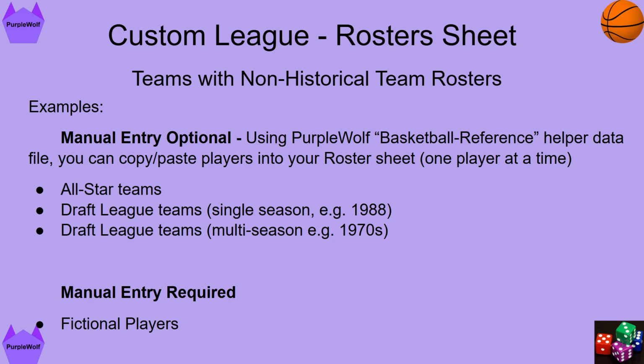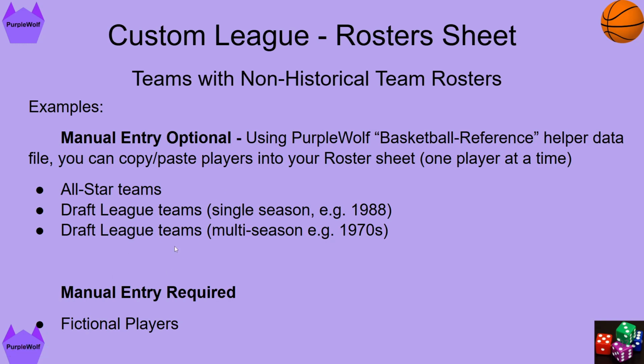And if your teams are made up of historical players, but they're not on their historical teams, you could also use the helper data file, the basketball reference file, to help you copy one player at a time, but it'll copy multiple fields, their ID, their minutes, their name, and you'll have their name spelled correctly, and things like that. And that could be a scenario if you have all-star teams, or you drafted your own teams and split the players up differently than they were historically.